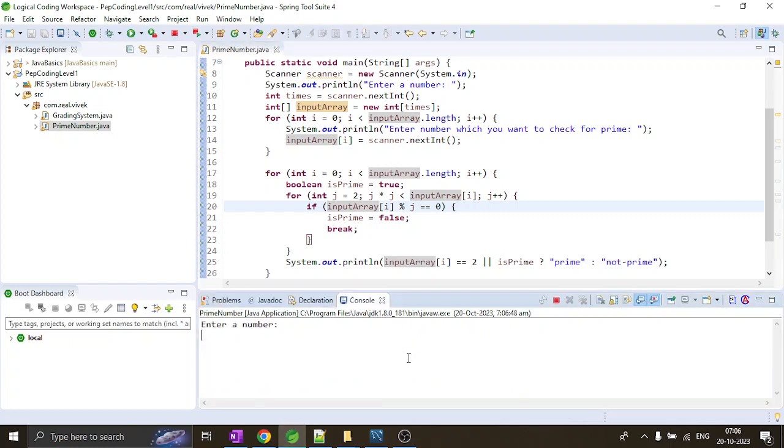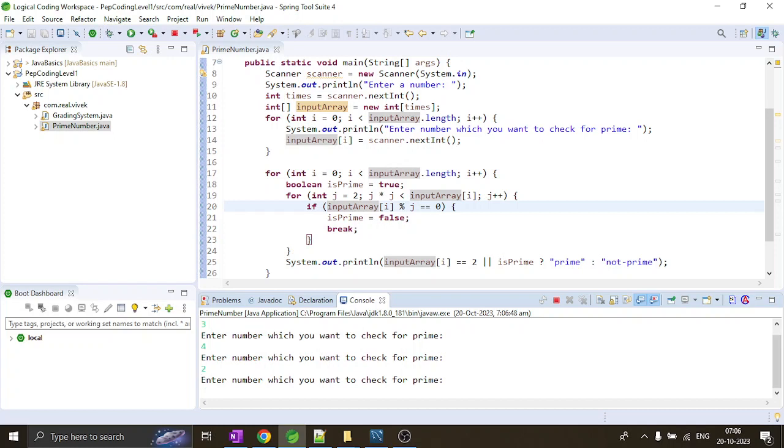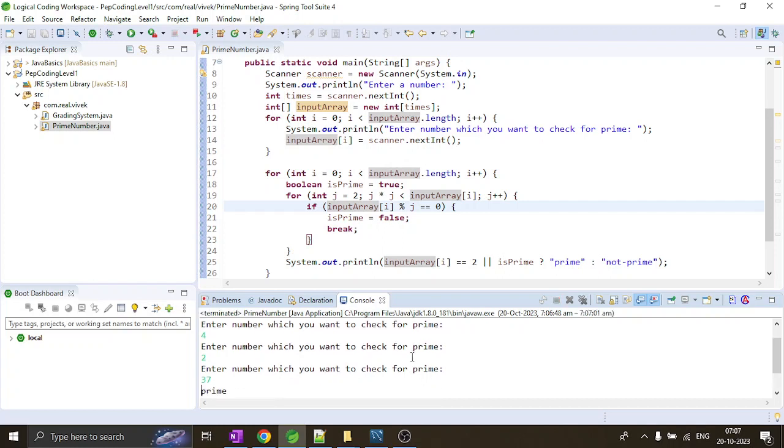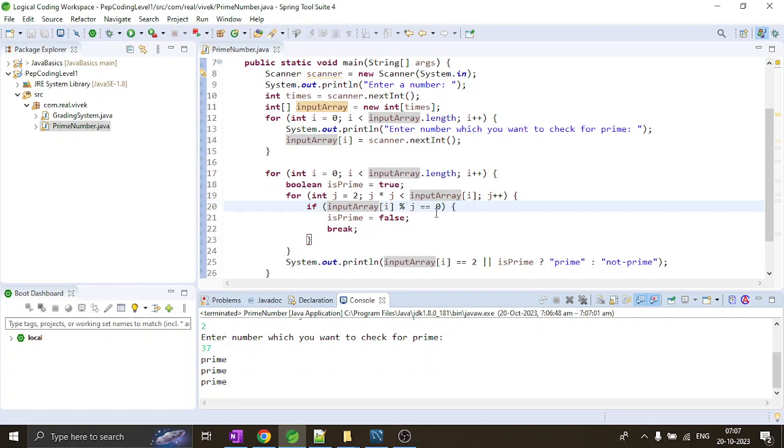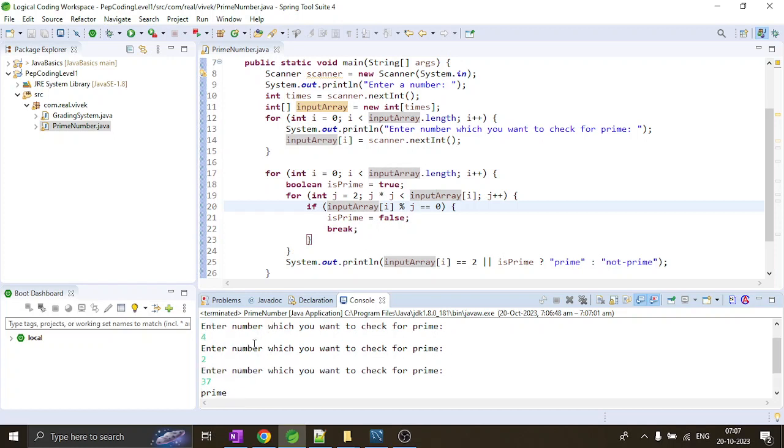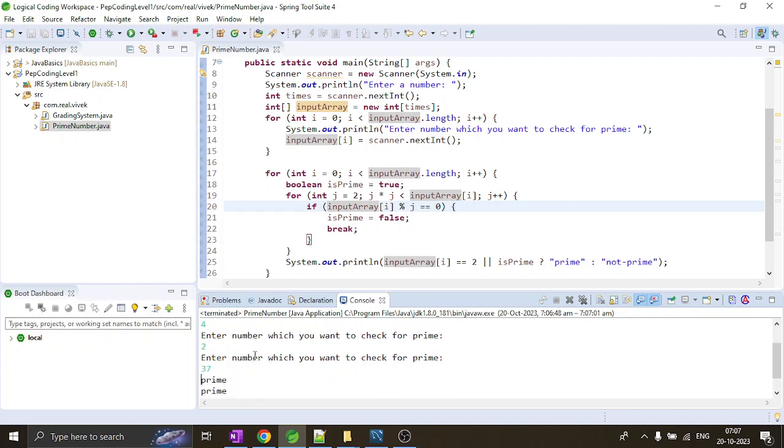So let's see. I input 3, 4, 2, and let's see, we want a prime number now. It is 7. Oh, we have got a wrong output.